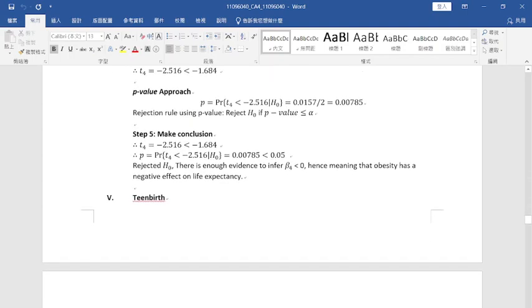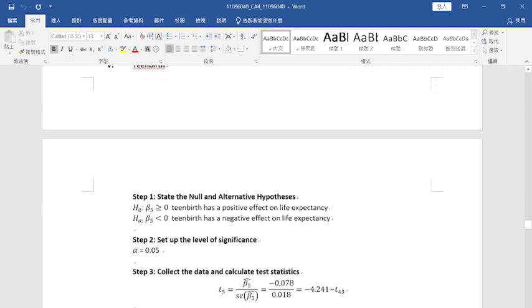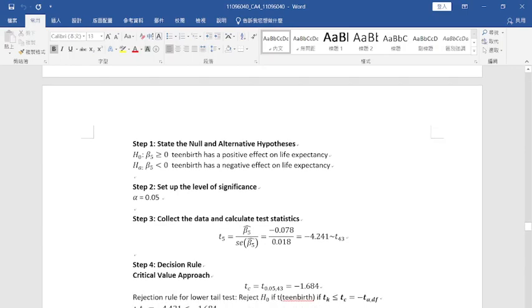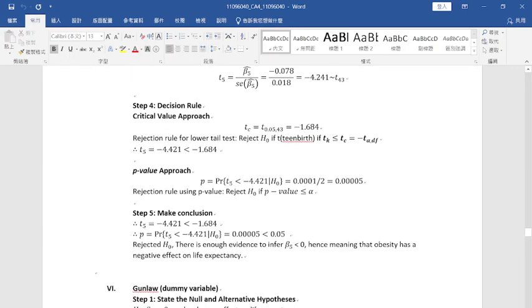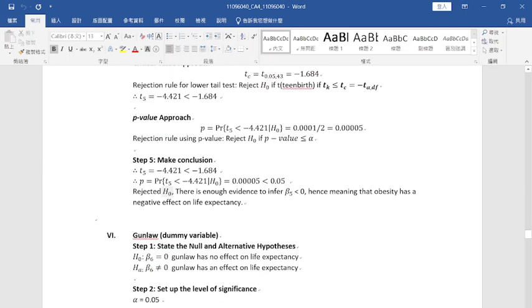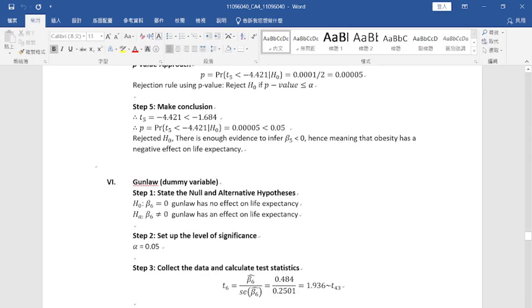The conclusion is reject the null hypothesis because there is enough evidence to infer beta 4 is less than 0. For teen birth, we state a negative relationship with life expectancy, and the result is reject the null hypothesis because there is enough evidence to infer beta 5 is less than 0.